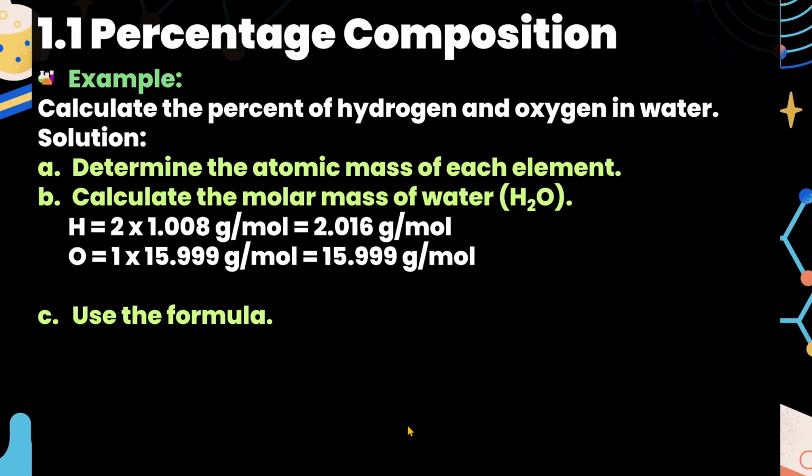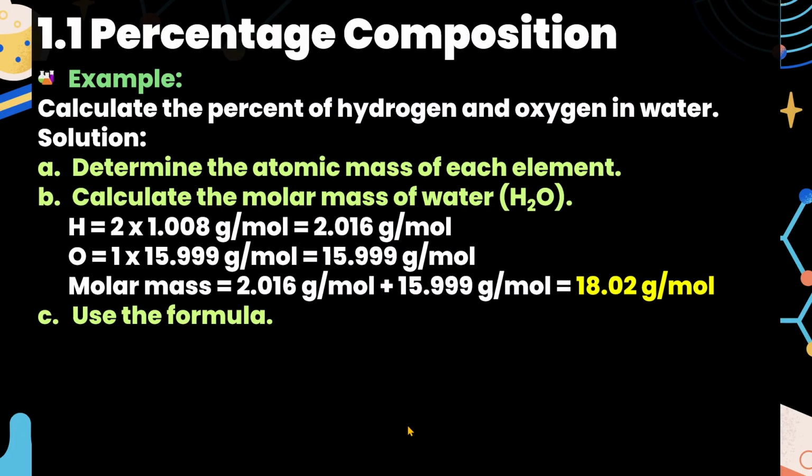Take note, you don't want to do the shortcut or to round off the numbers along the process. You need to round it off at the end of the process. Molar mass is calculated by getting the total or the sum of the atomic mass of each element times its number of atoms in a given compound.